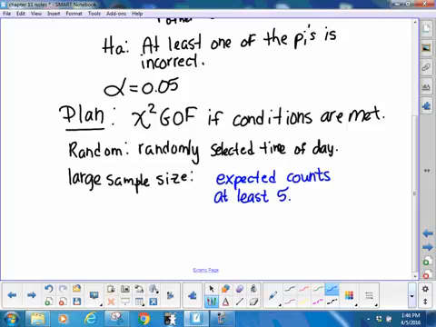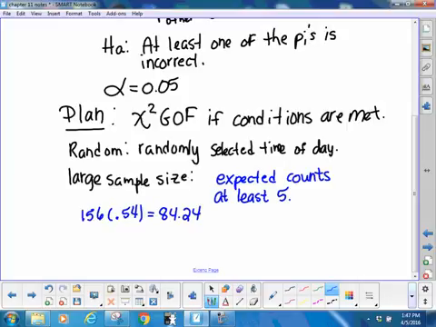So let's start checking. We had, let's see what our sample size was. 156. And we expected to see 54% in the first.